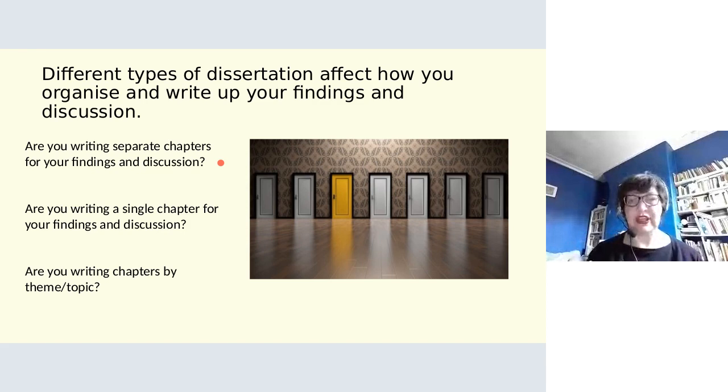Now, some of you might be writing something quite similar, but your findings and your discussion will come together in one chapter. And then others, and I've got a feeling, Amanda, this might be you, write what we call a non-empirical dissertation.